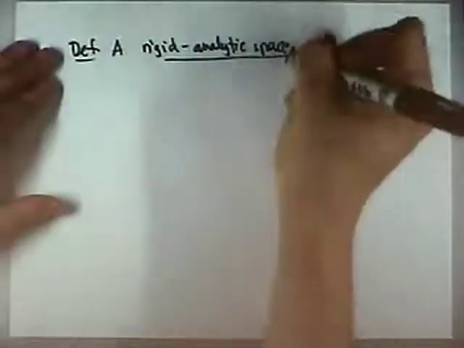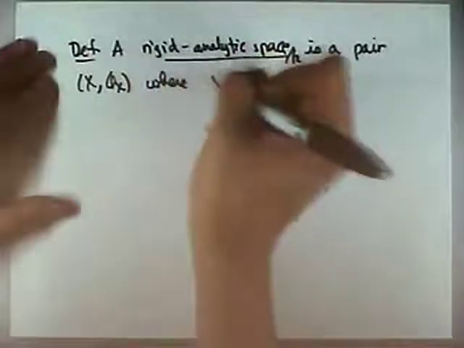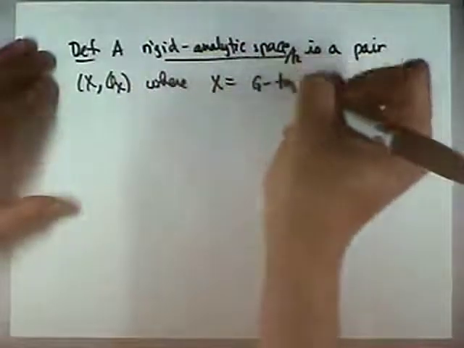So a rigid analytic space over K is a pair (X, O_X), where I'll just say X is what I'll call a G-topologized space.